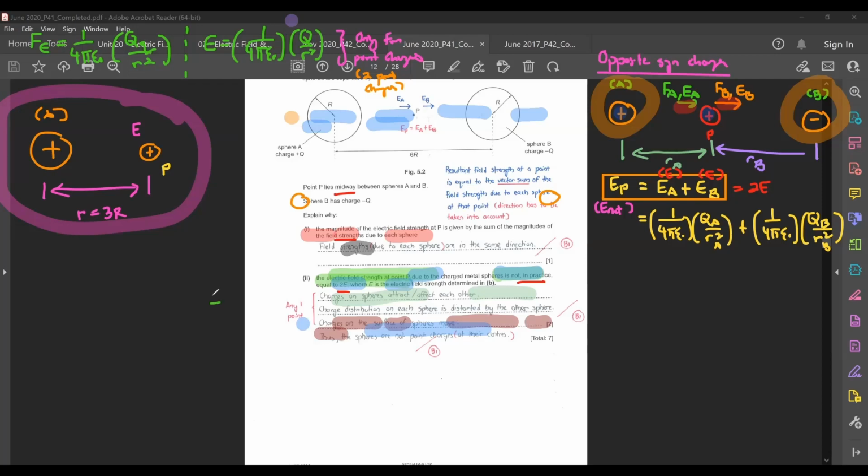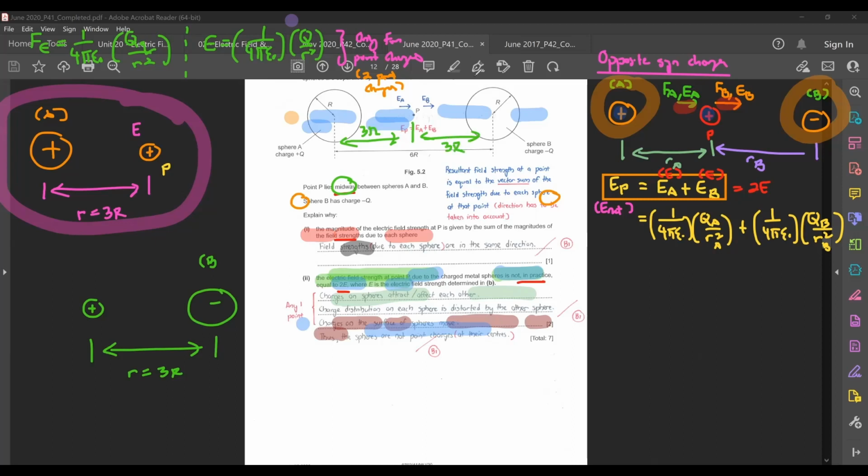If you have a negative test charge here, this one is sphere B, and then you again have point P right over here, again a distance of 3r away, because the question really did mention your P is actually midway between the two spheres. I think it's easier to see from here. This one was 3r, and then this one is also 3r.